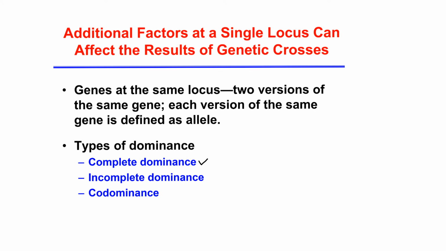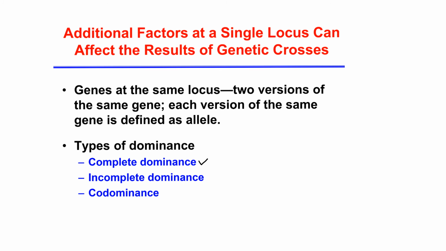So in complete dominance, basically one allele masks appearance of another allele. So when you look at heterozygous, you will see that phenotype of heterozygous is the same as phenotype of homozygous dominant, so recessive allele was masked. This concept was very important and applied to crosses which Mendel performed with garden peas.